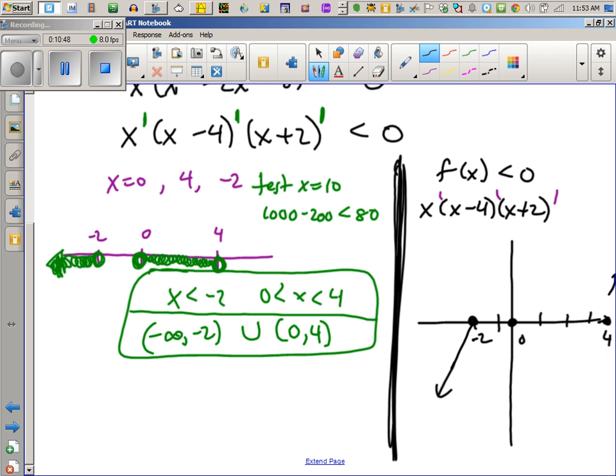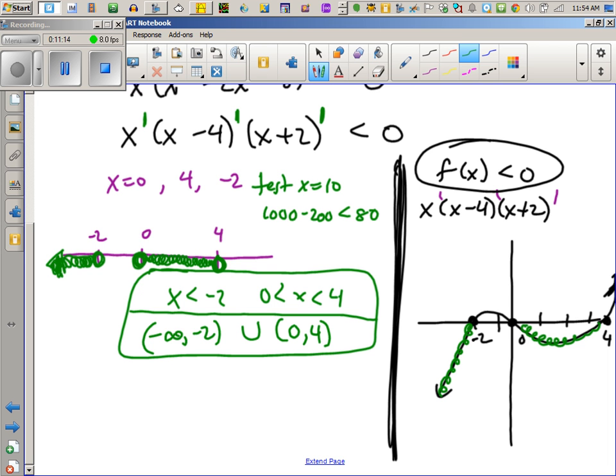So we're bringing in our background knowledge. And this means y is less than 0, right? What does y is less than 0 mean? Above or below the x-axis? Below the x-axis. So you would automatically then be interested in this region here and this region here, see?